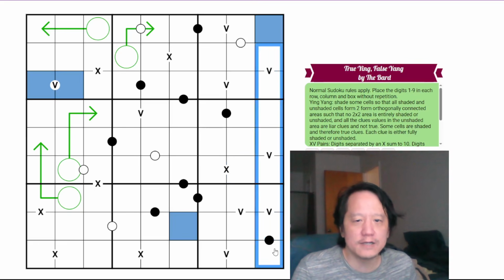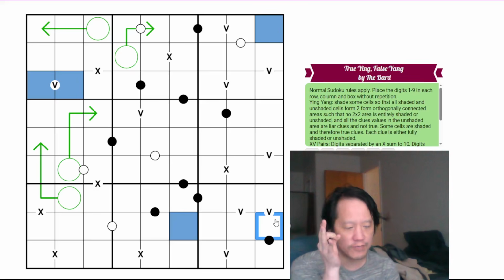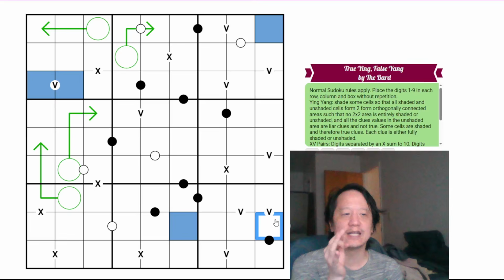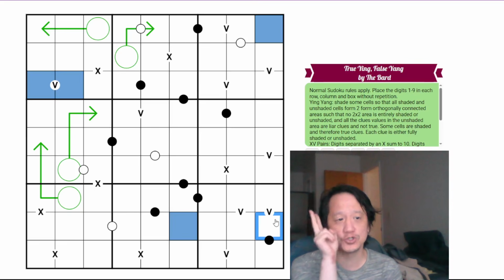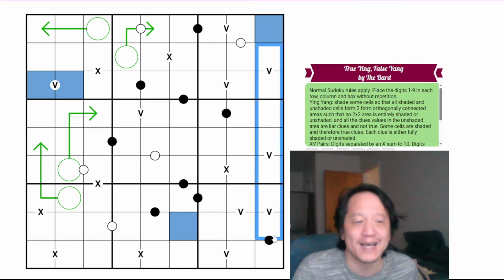So in column 9, we know you cannot have 3 changes of shading there. You cannot have 3 sets of digits adding up to 5. There's at most 2. So we know one of these has to be false at least. It could be all 3 of them are false.